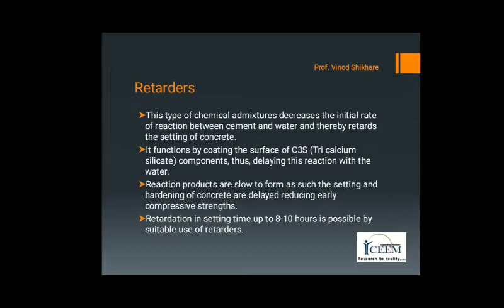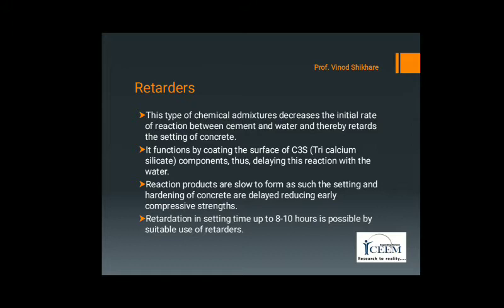Retarding admixtures are sometimes used to obtain exposed aggregate look in concrete. The retarder spread on the surface of formwork prevents the hardening of matrix at the interface of concrete and formwork, whereas the rest of the concrete gets hard, on removing the formwork after 1 day or so.